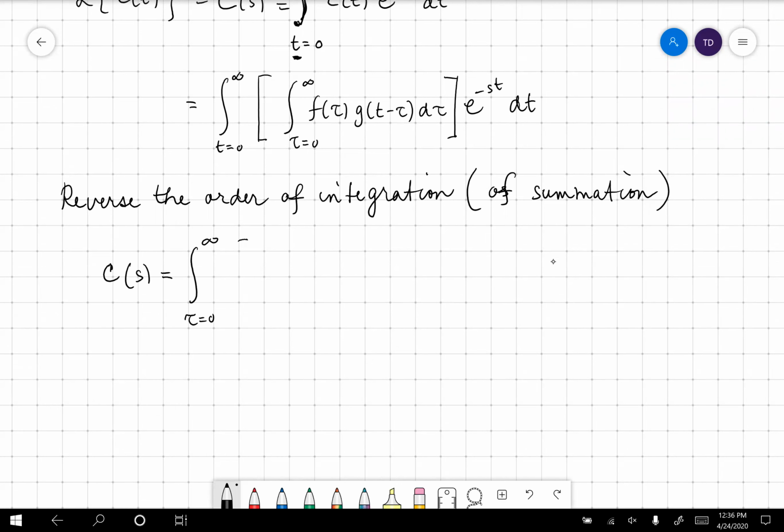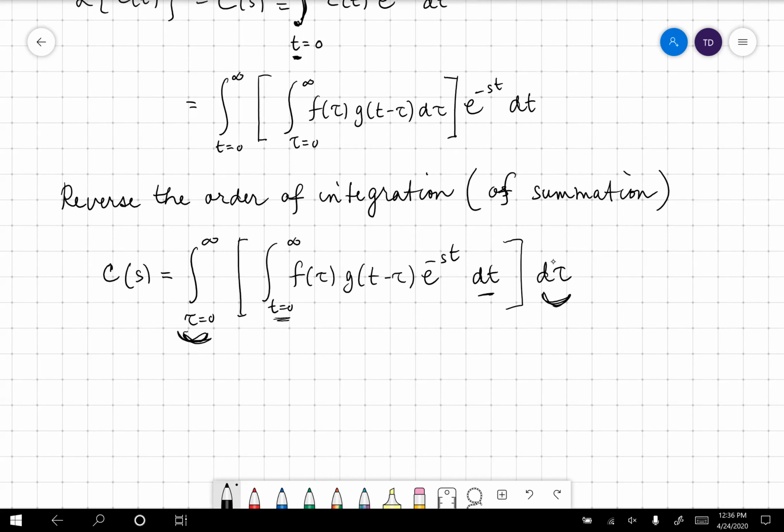And then I'm going to leave all the rest of this inside here. So the integral t equals 0 to infinity. And then what do I have? I still have f of tau, g of t minus tau. And then I have e to the minus st. And I've got to get the dt in here. So we have to switch the orders of dt and d tau. We have to do that. Because this dt goes with this integral on time, and this d tau goes with this integral here on tau.